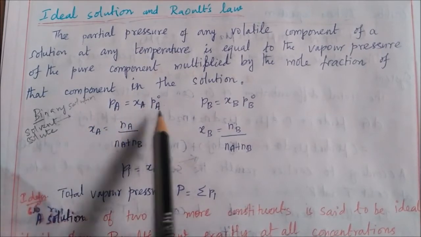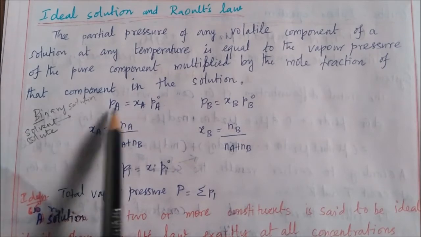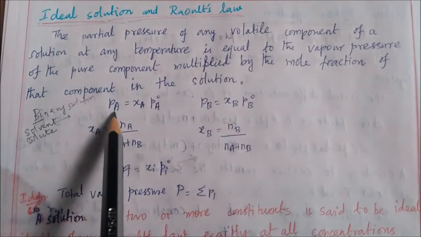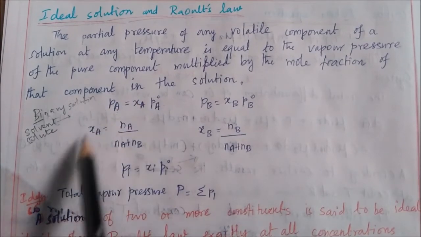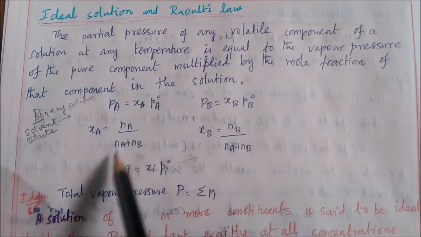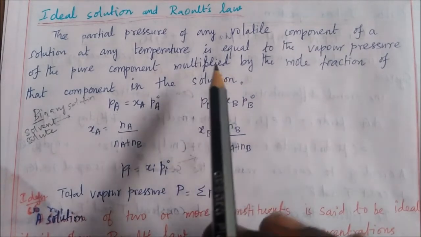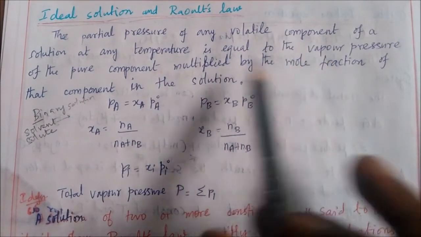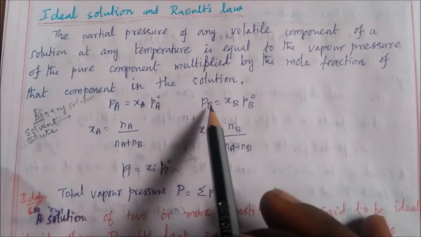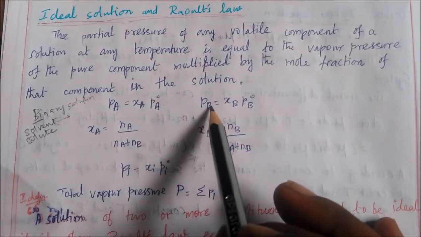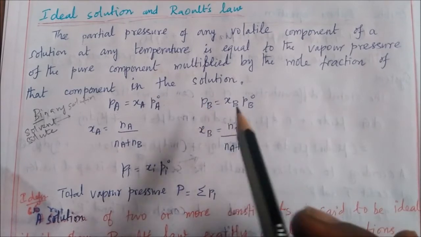But what is the difference between Pa and Pa0? Pa is the partial pressure of the chemical A present in the solution. What is Pa0? The partial pressure of the chemical A when it is present alone, when it is pure. Likewise, Pb is the partial pressure of the chemical B. B may be the solute here.